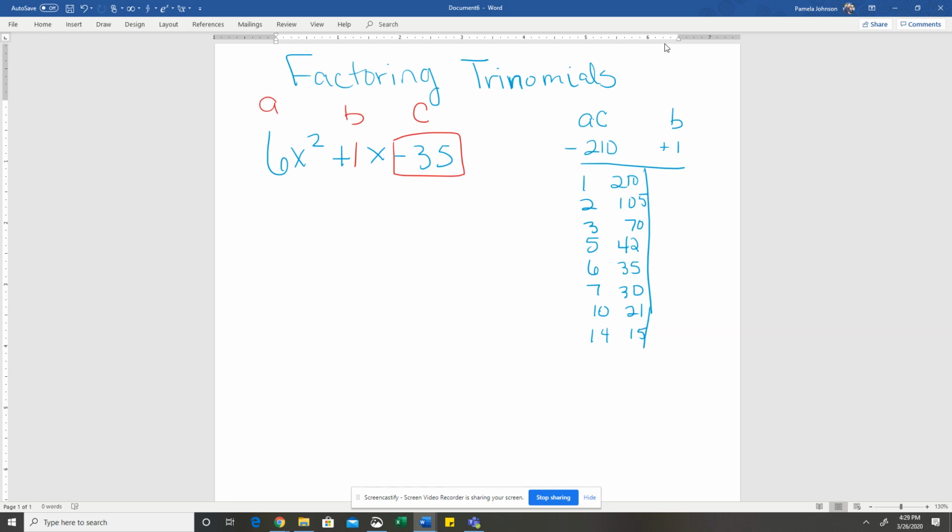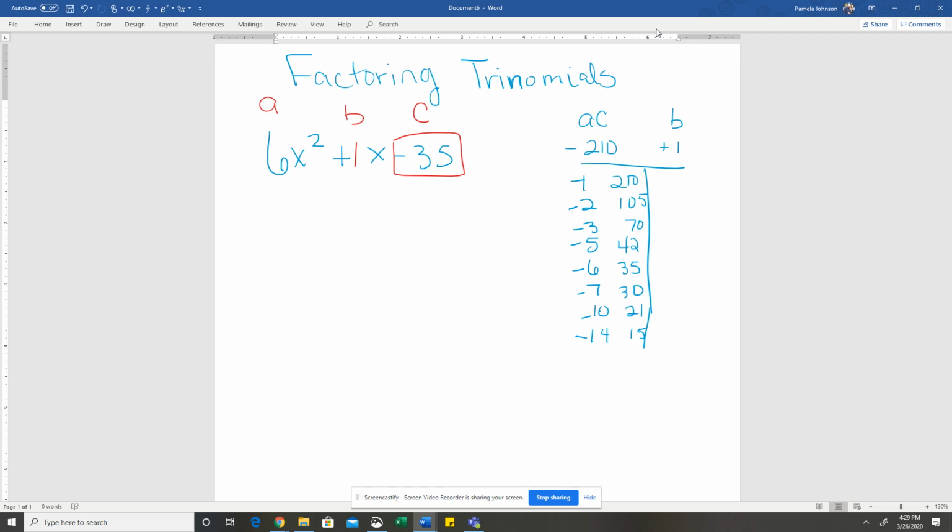Okay. This time, again, our a times c is negative, so we know that one of our factors has to be negative. Our b is positive, so it means our larger factors have to be positive, so our smaller factors are negative.